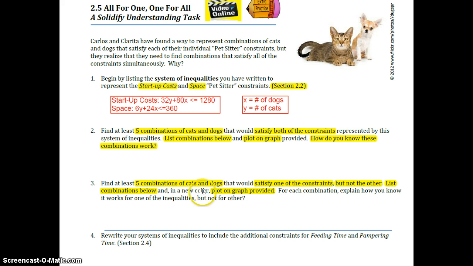Don't forget, that's going to be a new color. For each combination, you should explain how you know it works for one of the inequalities but not the other. So again, some type of explanation for each of those combinations. You're going to have 5 of them, so I'm looking for 5 short explanations here.